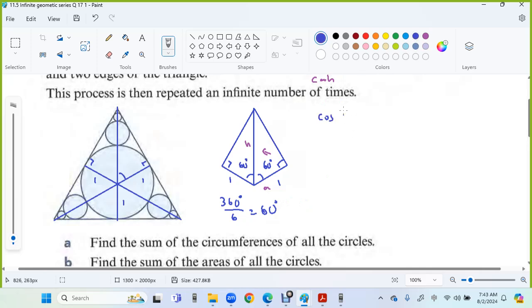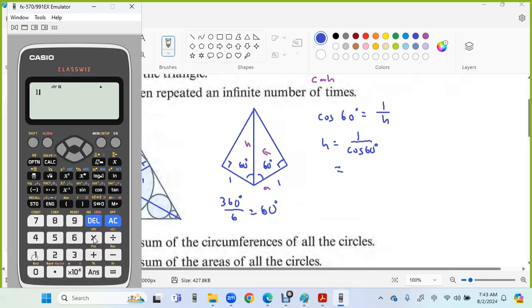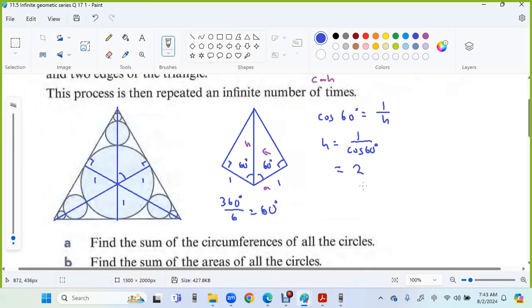Cos 60 degrees is 1 over h, so h is 1 over cos 60 degrees. So we have 1 divided by cos 60, then it is 2. So this whole thing is 2.